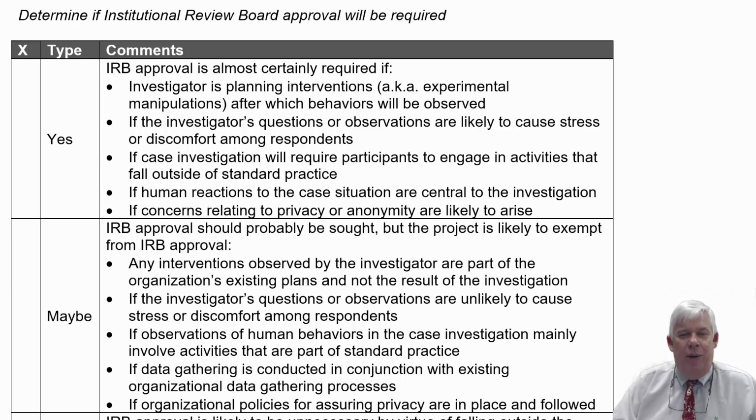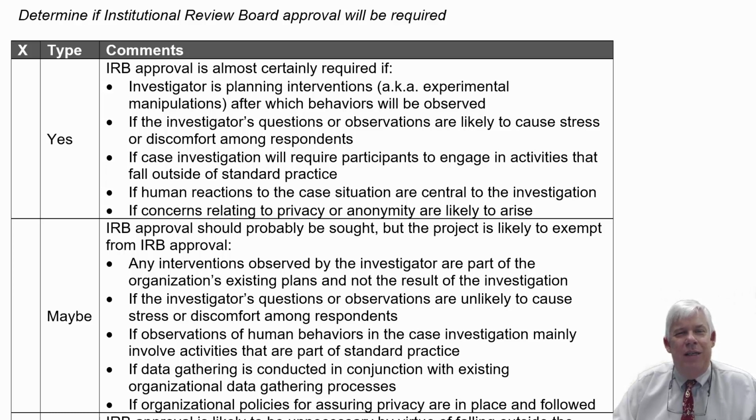Finally, if everything you're doing is in accordance with existing organizational policies, the IRB may exempt you from further scrutiny. Again, this is because the IRB's role is not necessarily to change the way organizations behave. Indeed, that would potentially require the IRB to investigate itself.